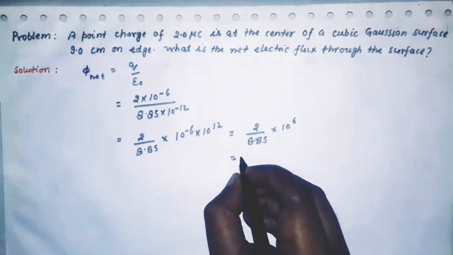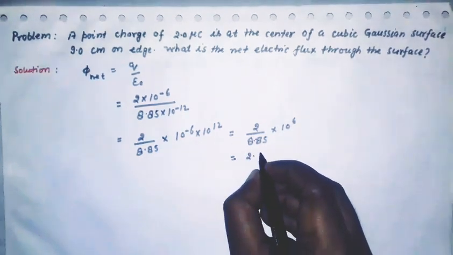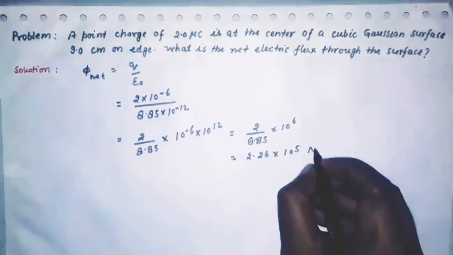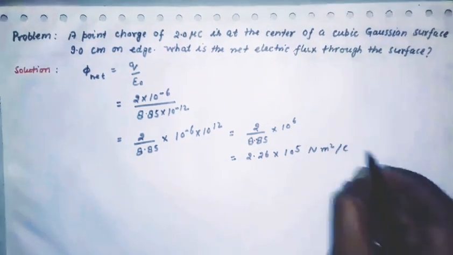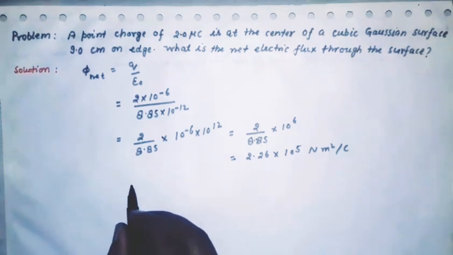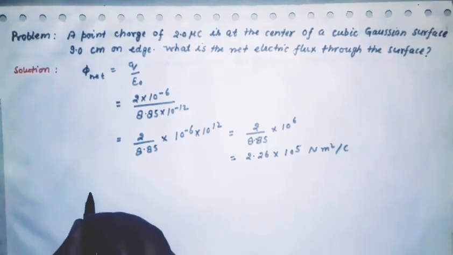After solving this, we will get 2.26 into 10 to the power 5 Newton meter square per coulomb. So this is the value of net flux through the surface.